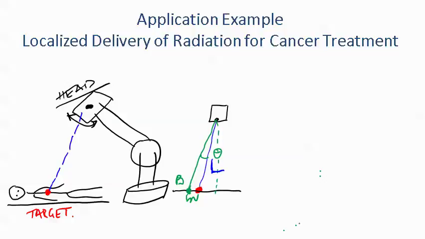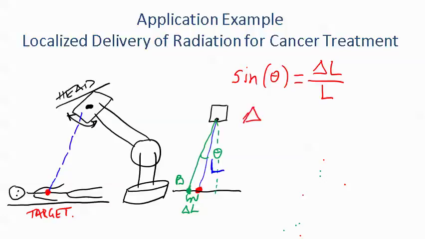And we can write the relationship as the sine of this angle theta equals the opposite side, let's call this delta L, the offset in the distance, divided by the original length, L. So the offset delta L will be equal to the original distance times the sine of this angle.